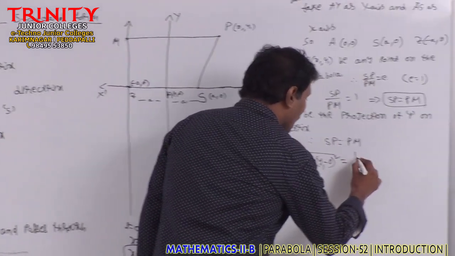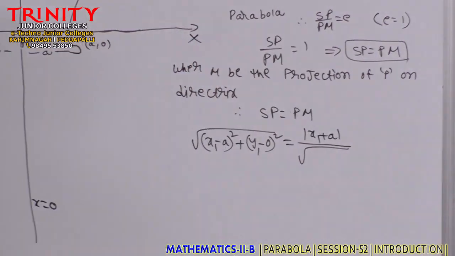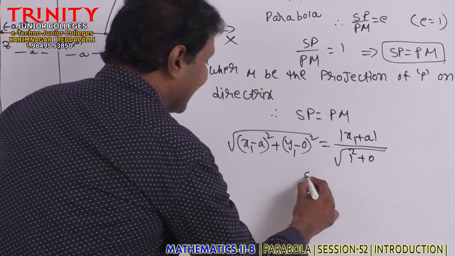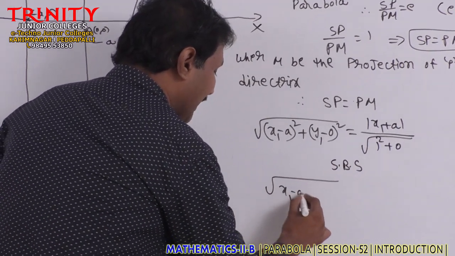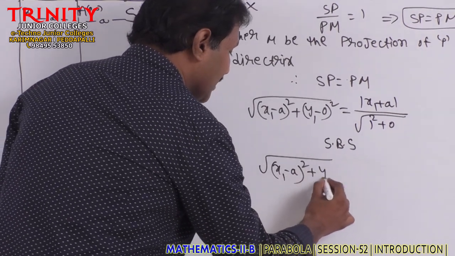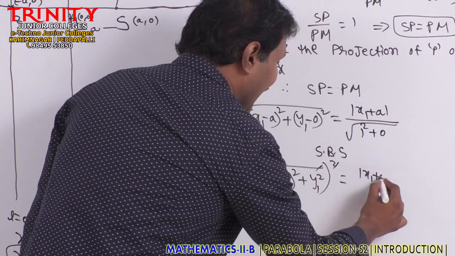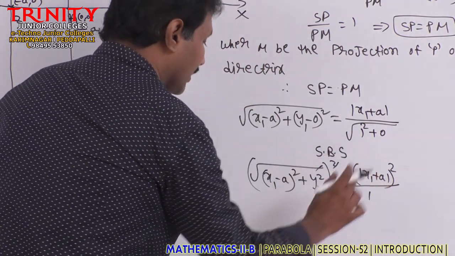According to that formula, modulus of (x1 plus a) by square root of 1 square plus 0. Squaring on both sides, the square root of (x1 minus a) whole square plus y1 square, whole square, equals modulus of (x1 plus a) whole square by 1 square; root 1 is 1.